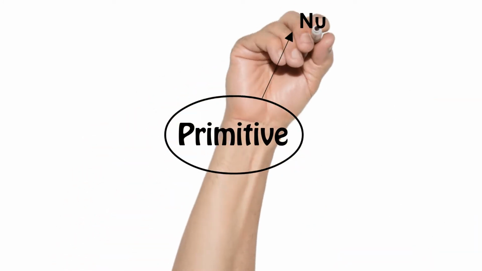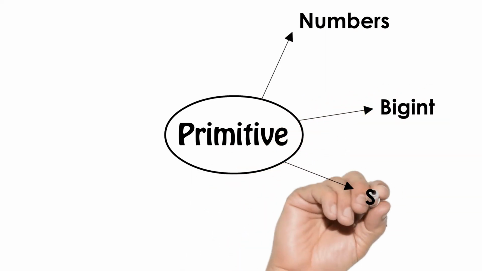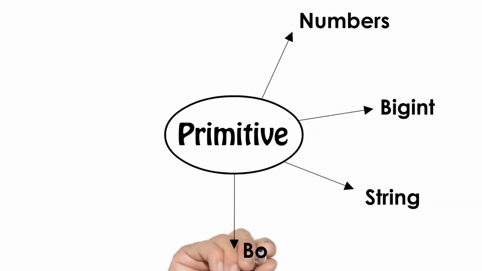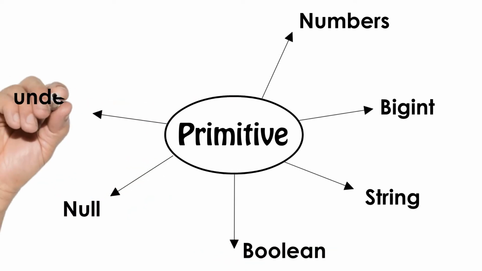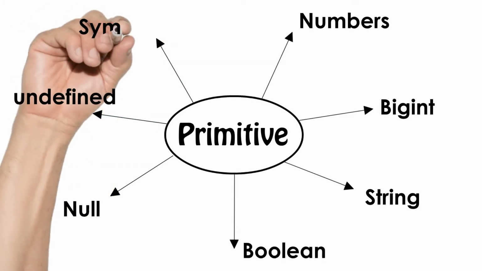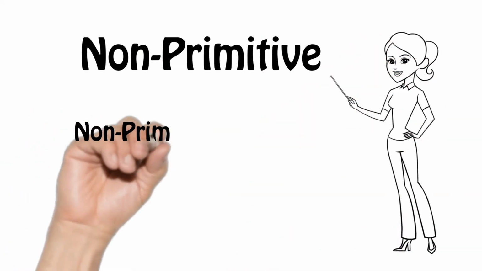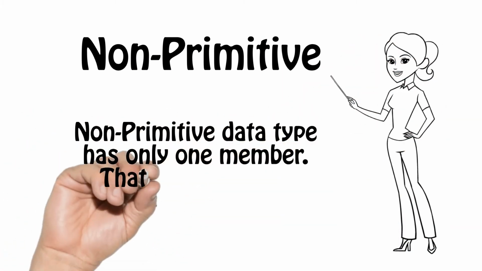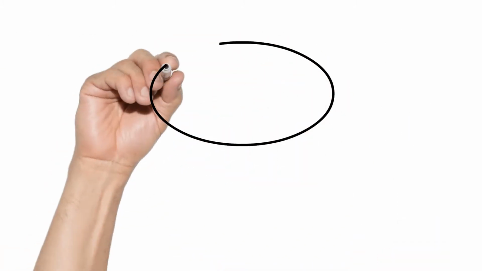Among the 8 data types, 7 are primitives, which are number, big integer, string, boolean, null, undefined, and symbol. On the other hand, non-primitive data types can have multiple or different data types stored in a variable at a time. That is possible with the object.